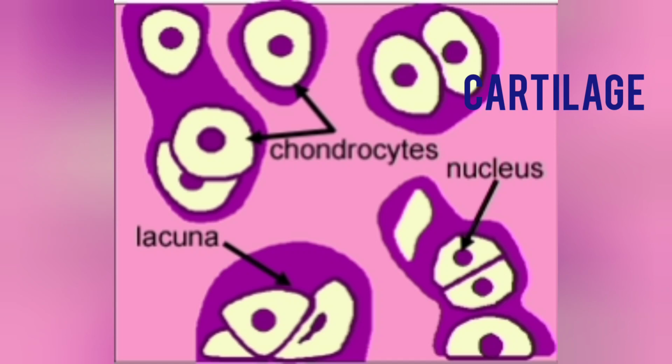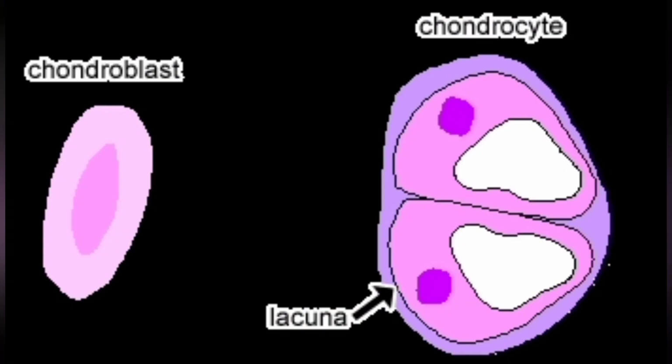Matrix is made up of the protein sugar complex chondrin, which is secreted by chondrocytes. Blood supply is restricted to the outer covering of cartilage called perichondrium. A layer of cartilage forming cells called chondroblasts occurs below the perichondrium.